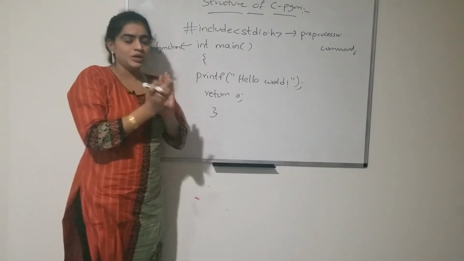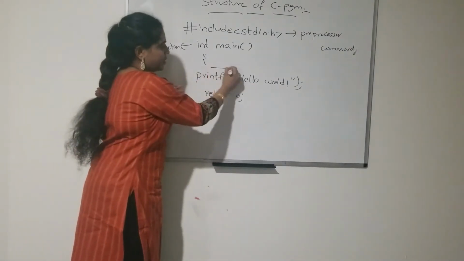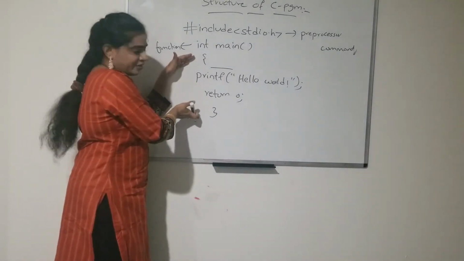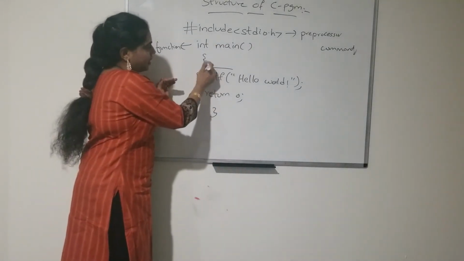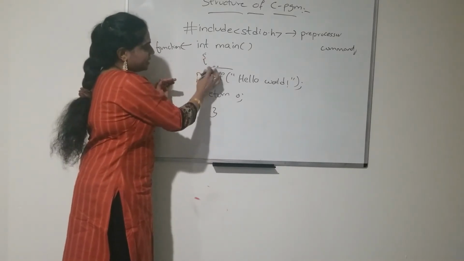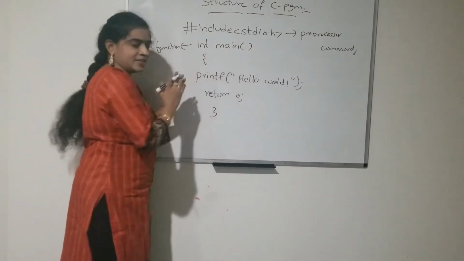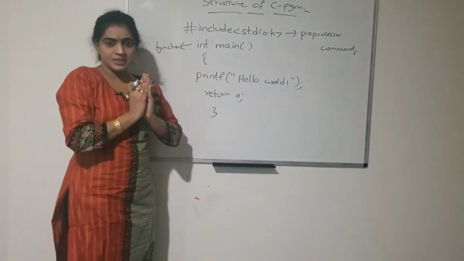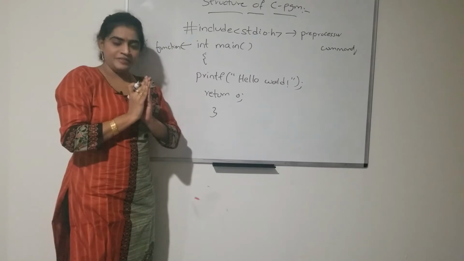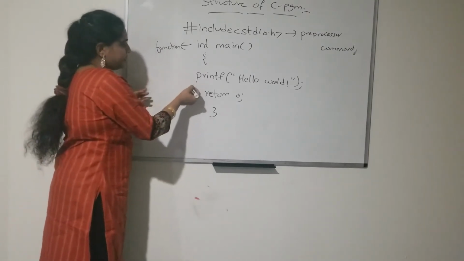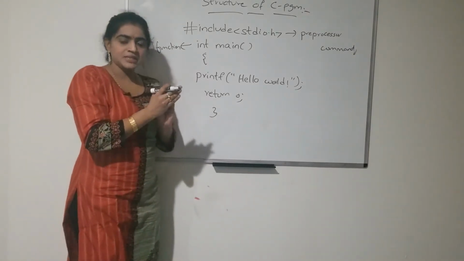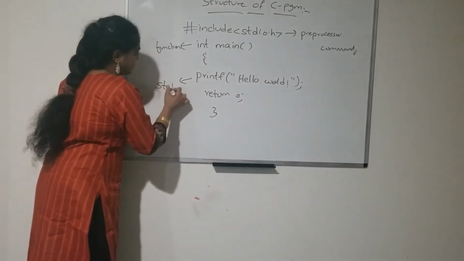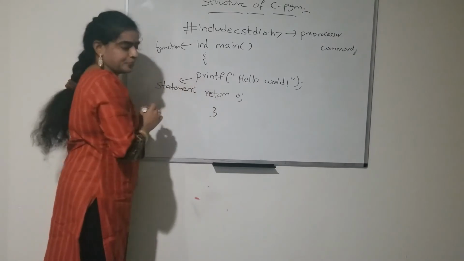Suppose if you want to declare variables, you have to declare them within the block of the main function, after this curly brace, if you are using them in your program. Here I am not using any variables, so I have not declared any. And the fourth section is statements and expressions. So, this is called a statement.